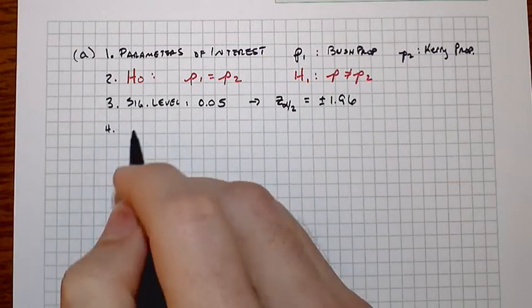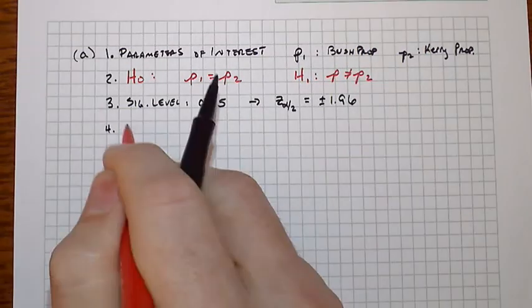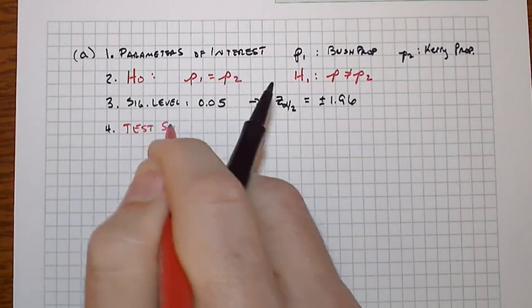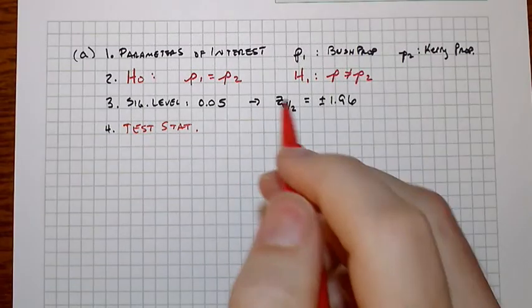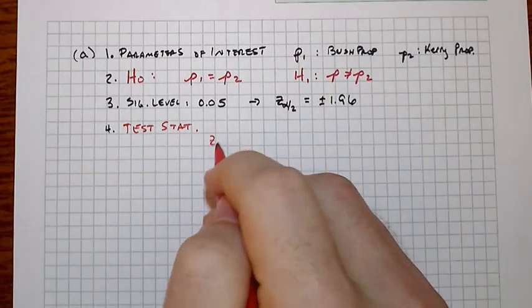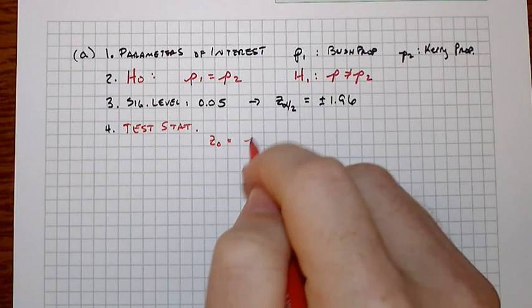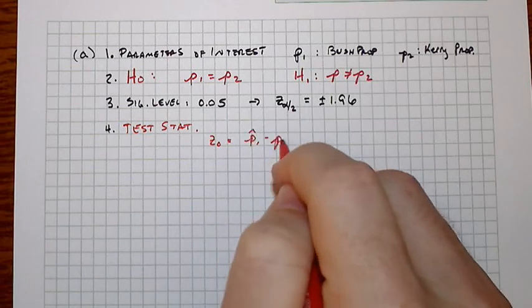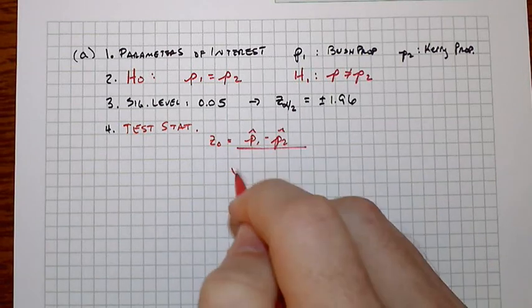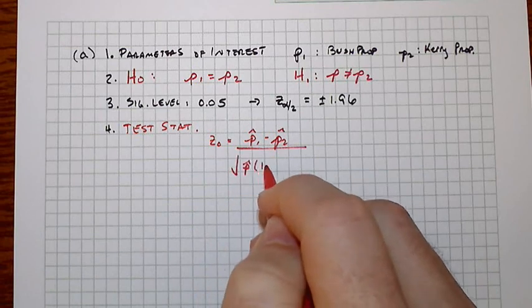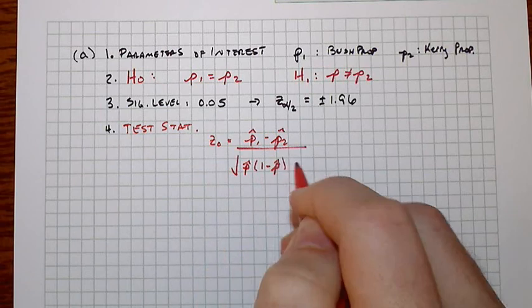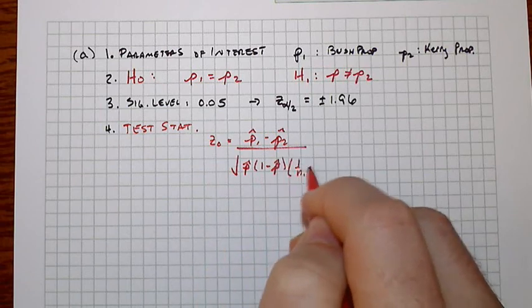Our test statistic then is Z0 equals P1 hat minus P2 hat over square root of P hat, that's the pooled, minus P hat, the pooled, times 1 over N1 plus 1 over N2.